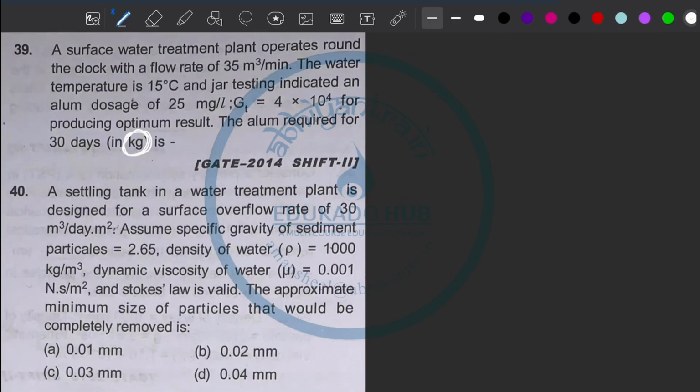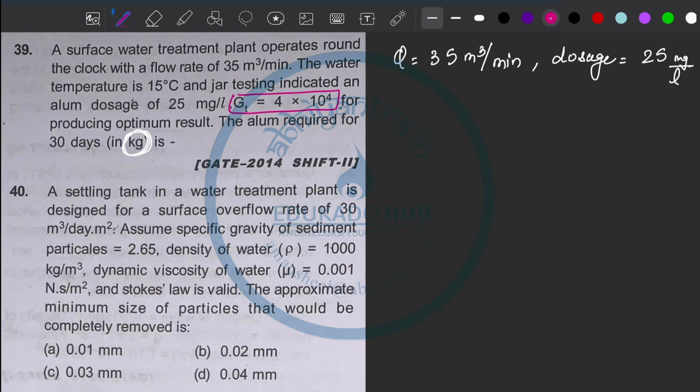So in this question, the discharge is given, that is 35 meter cube per minute, and the alum dosage is given, 25 milligram per liter. This much is required for solving this question. This GT value is not at all required.